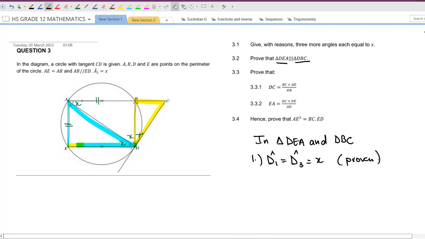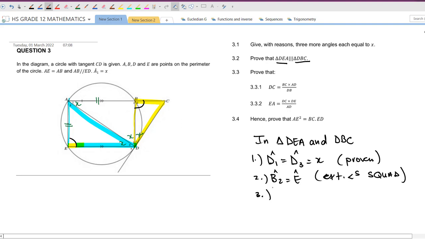What else? You need one more angle. Okay, B2 equals E. Why is that? That is exterior angles of a cyclic quad. So those two angles are the same.